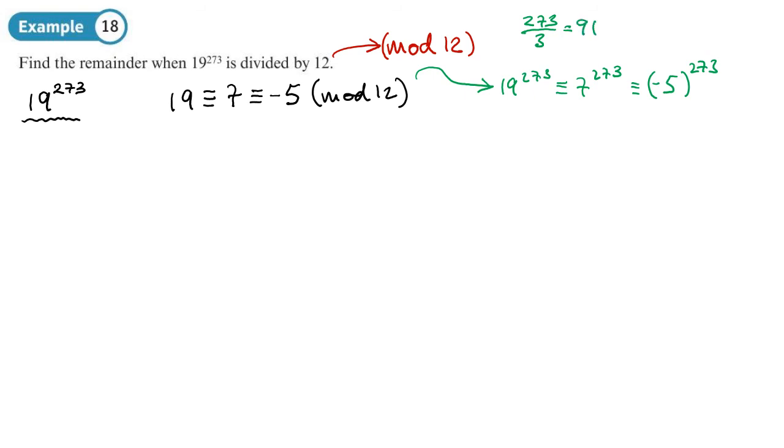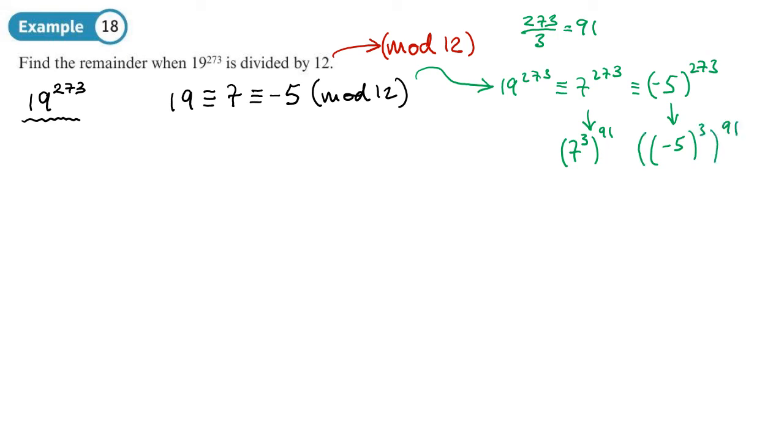Let's try this. It may not get us anywhere, it may not work, but let's see. If I worked out 7 cubed, so 7 to the power 273 is 7 cubed to the power 91. Again, I don't really know if these are going to work.